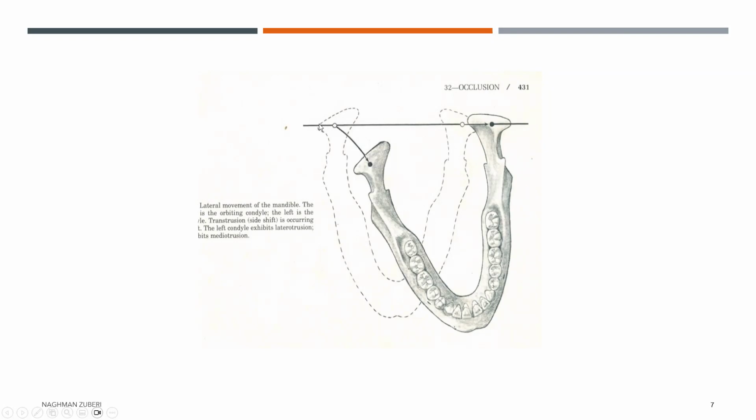We have already discussed in our lecture about the shift when the non-working condyle moves from its rest position to this mediotrusive position. It could be immediate side shift, recurrent side shift, or progressive side shift, but it has to move. Immediate side shift is that movement in which, immediately before any other movement, the condyle moves to a medial position. That is immediate side shift.